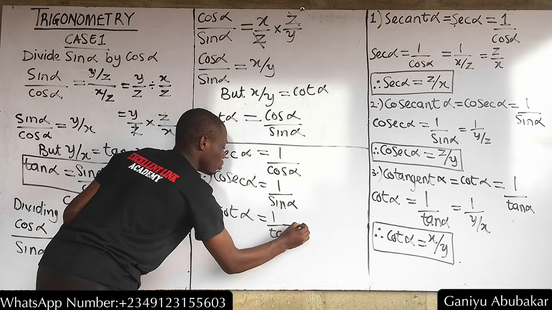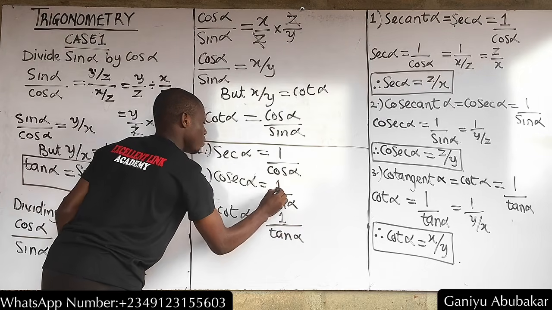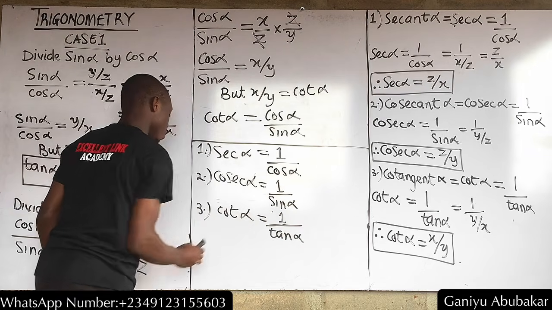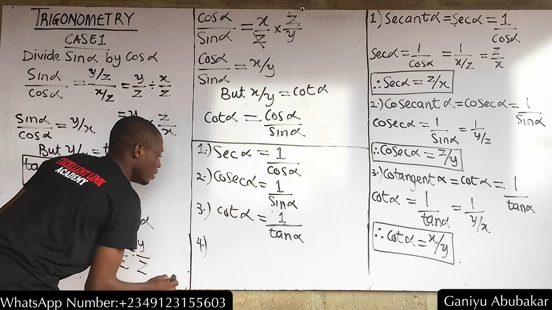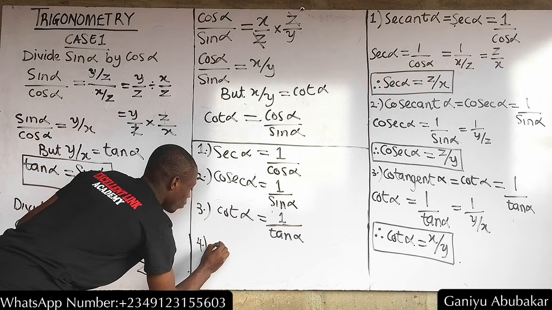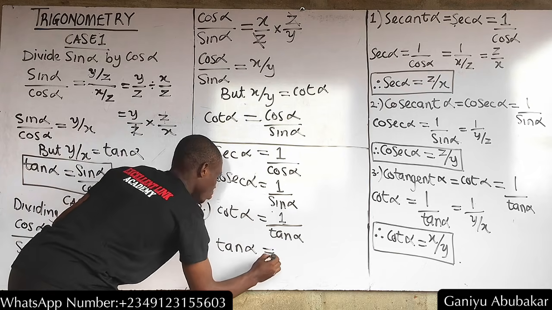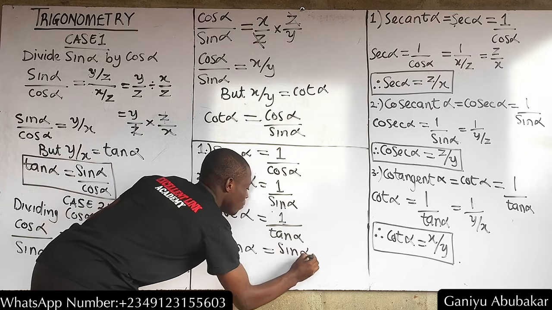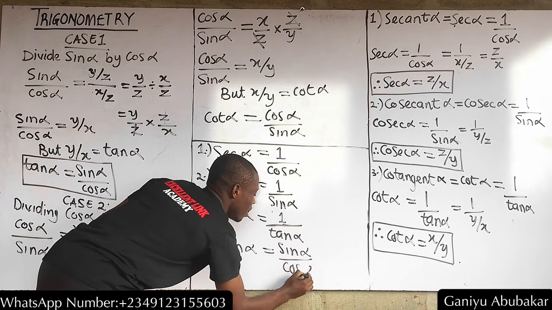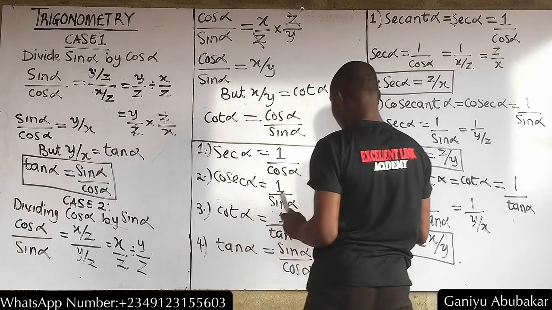All these things have been discussed. Check your book, you see them there, right? Number 4 is tan alpha is equal to sine alpha all over cos alpha.